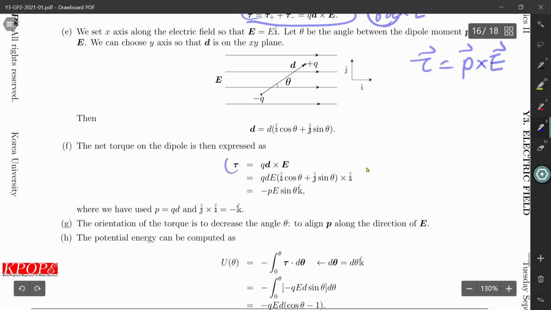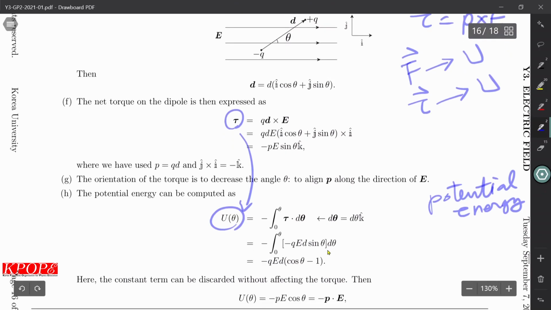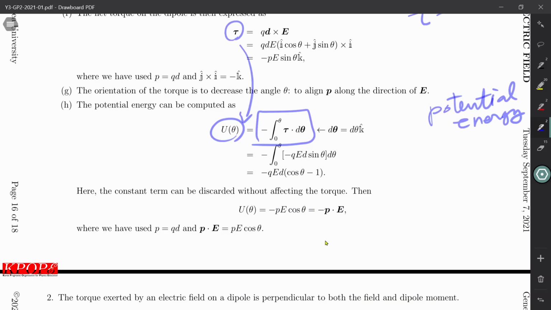And once we know the torque, we can compute the corresponding potential energy. We have force, we can compute the potential energy. We have the torque, so we can compute the corresponding potential energy. The rule is this. Substituting this result in here, you'll find that the answer depends on minus cosine theta.